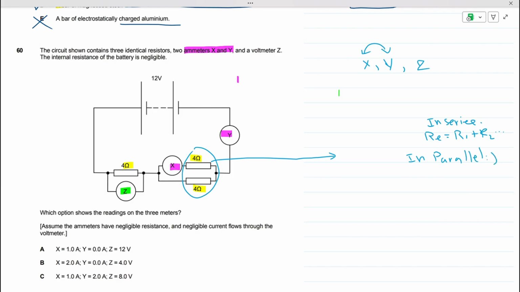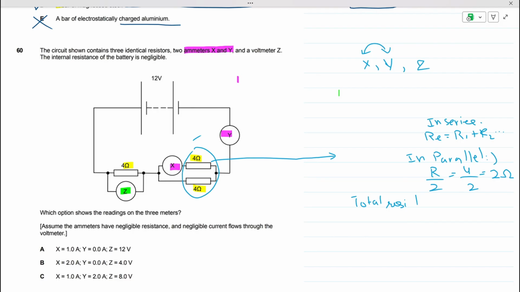But in parallel, they divide the work. Of course there are two resistors, so R by 2, and how much resistance we have is 4, so 4 by 2. In parallel we have gotten 2 ohm, and this is of course a single resistor in series, so this is counted as whole, meaning 4 ohm.